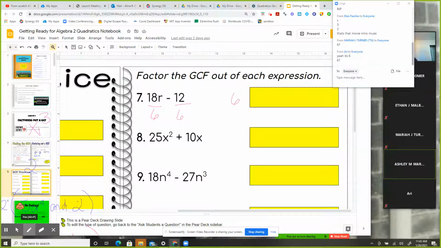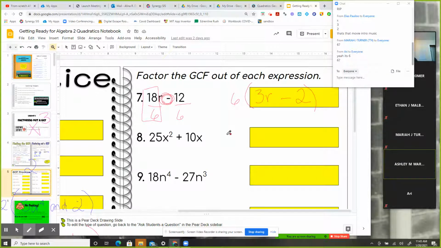So that goes outside my parentheses, and then what goes inside my parentheses? 3R. 3R here, because 18 divided by 6 is 3, and then you just put in the R. And then you always want to keep that sign. So whatever that sign is, you want to put that. And then what's my second term? 2. 2. Sweet.